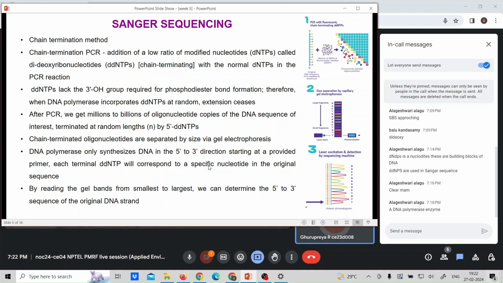So have you heard of gel electrophoresis? Any of you has heard of gel electrophoresis? Can someone tell what's the principle of gel electrophoresis? Just in a sentence, what drives gel electrophoresis basically? In our case, what drives DNA gel electrophoresis?